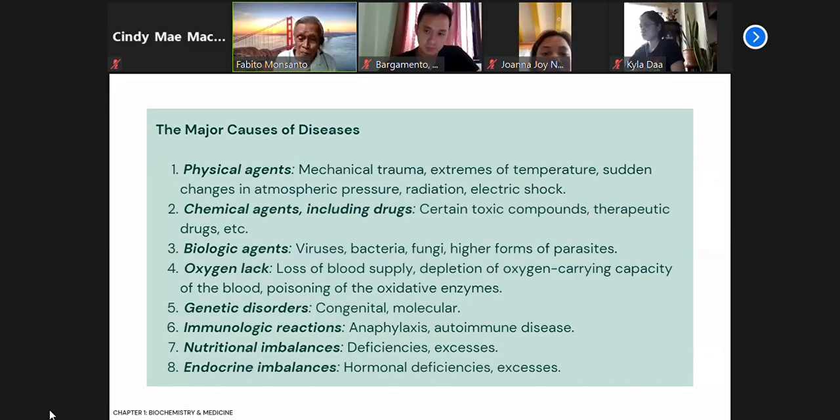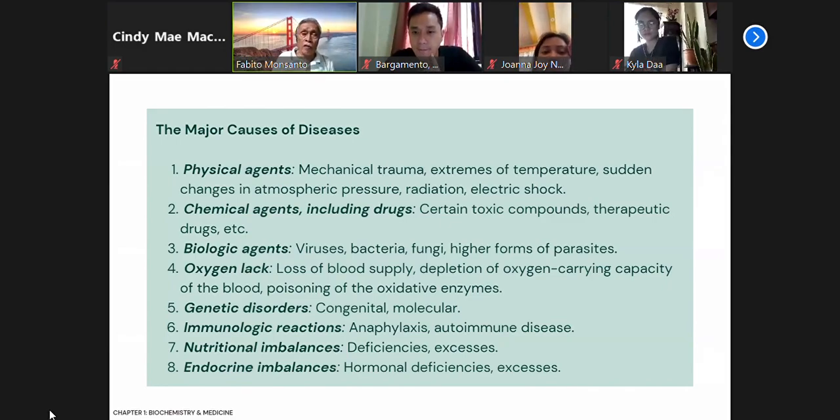Okay? Autoimmune diseases. Now, our immune system is probably overactive, and it destroys your normal tissues. This is autoimmune diseases. Nutritional imbalances, of course, you have seen this.